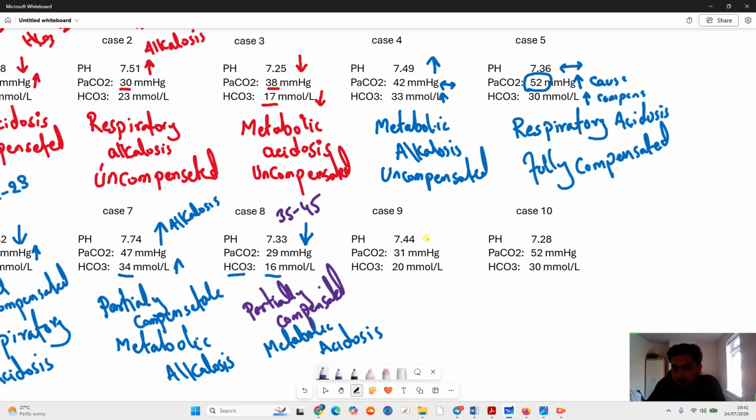Now look at this case. The pH is normal. So the pH is normal. Look at the other parameters. Which parameter is abnormal? Look at these ones.